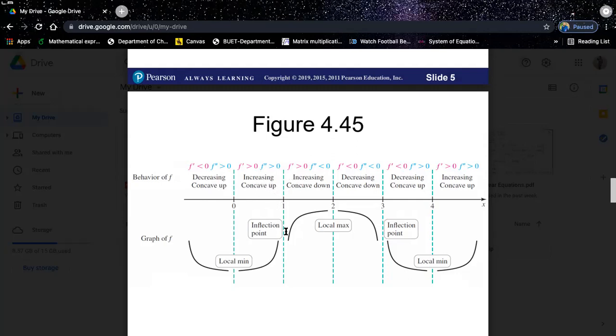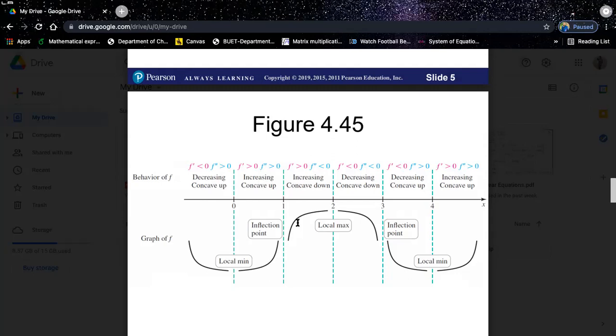And at 1, we have an inflection point, and from 1 to 2, our first derivative is still increasing, but now it's concave down. Then can we draw this graph? That's the question. If yes, how?